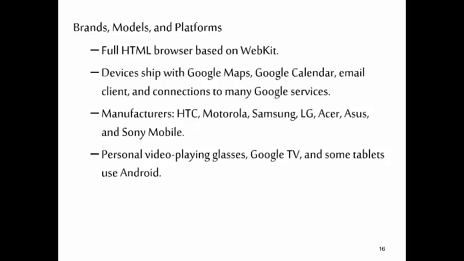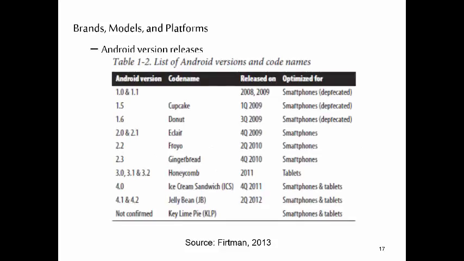It not only works on smartphones, but it also works in other kinds of devices, like personal video playing glasses, Google TV, some tablets, and so on. New Android versions come out using food names for code names, and these names come in alphabetical order. That's the pattern they have followed ever since the first release in 2008.